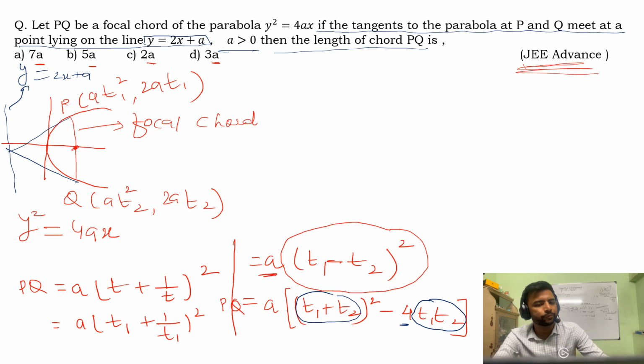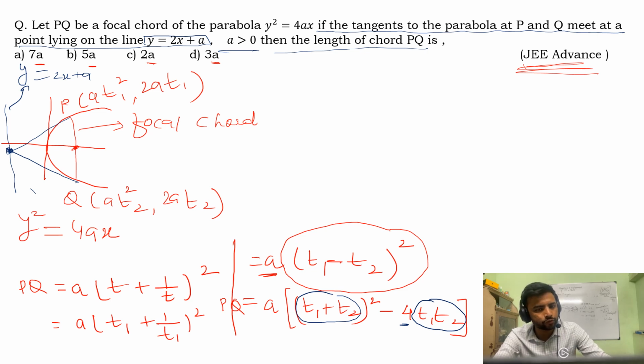So see, here the important information is, this is the point of intersection of two tangents, where the coordinates of P are in parametric form and coordinates of Q are also in parametric form.